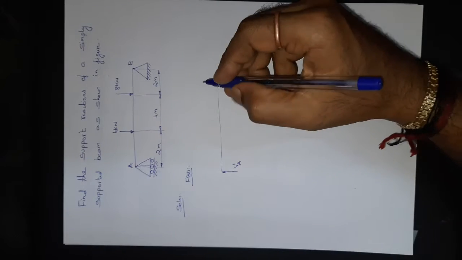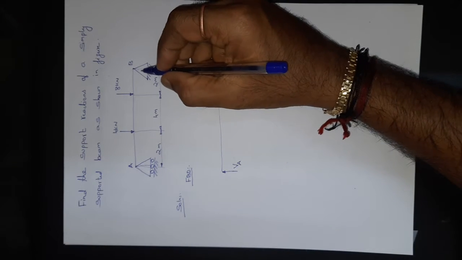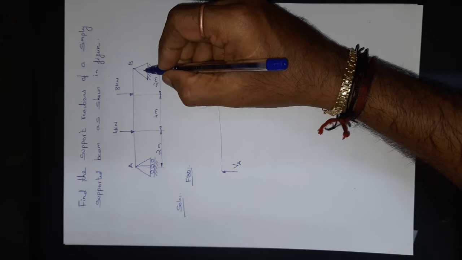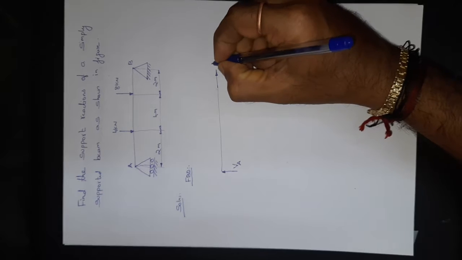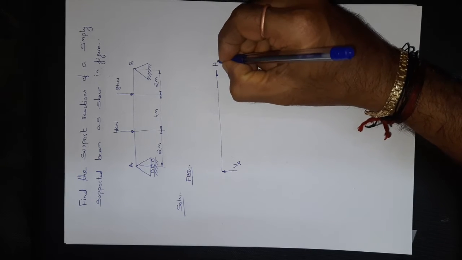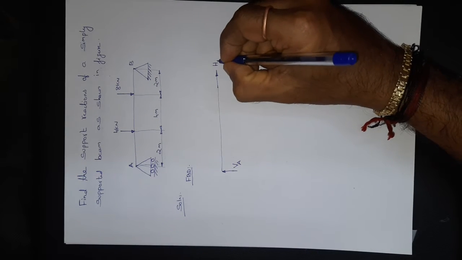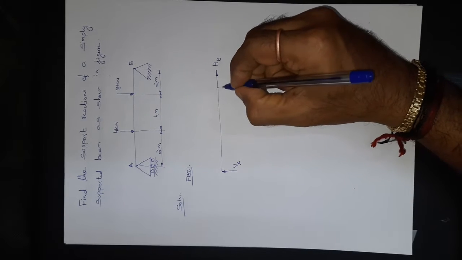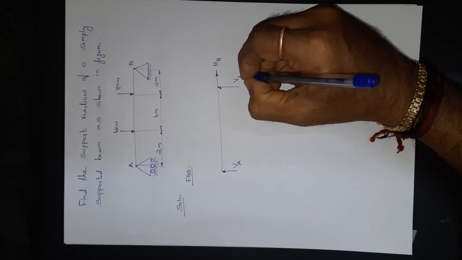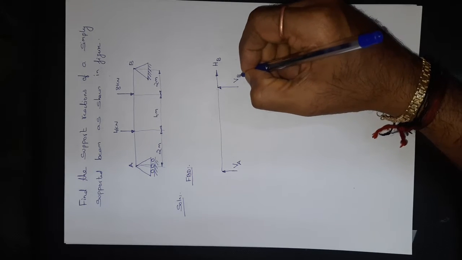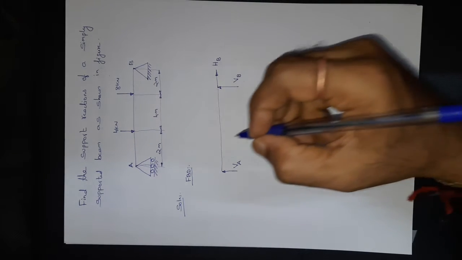The other end is supported with the hinge support. The hinge support will have a horizontal reaction, so at point B, a horizontal force at B, and there will be a vertical reaction at point B.